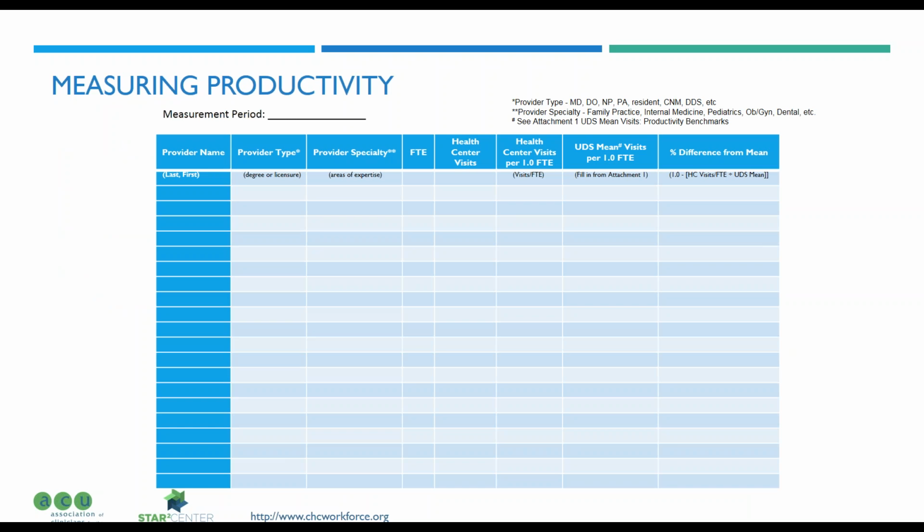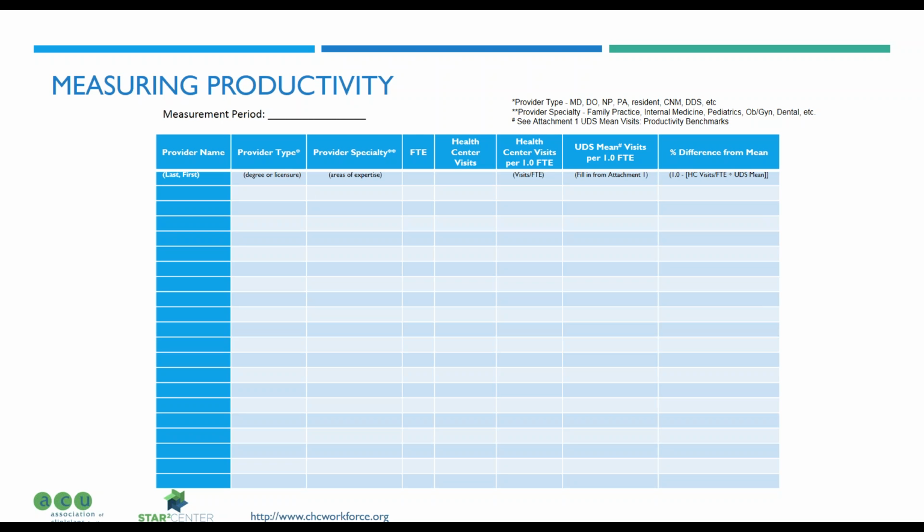We've put this tool in the plan to just give you, if you don't already measure productivity, some kind of structure for an easy way to pull it all together. This one's fairly simplified. If you have many sites, you would want to do a table for each site.